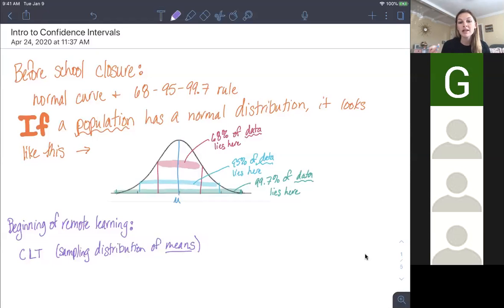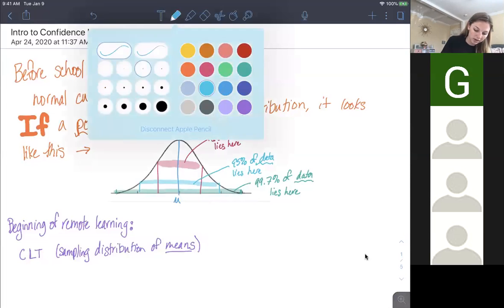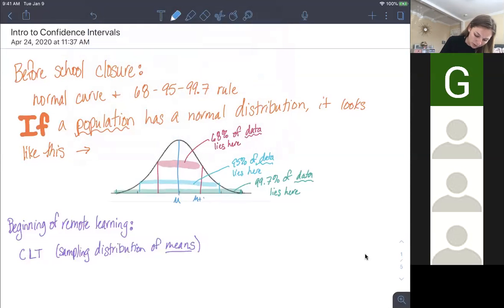We can say that 68% of the data of the population lies within 1 standard deviation, 95% within 2, and so on. One thing I'd want to put down here at the bottom is that this is mu plus sigma, and this one's mu minus sigma, and so on, moving outwards. That's the way a normal curve and normal distribution gets laid out.